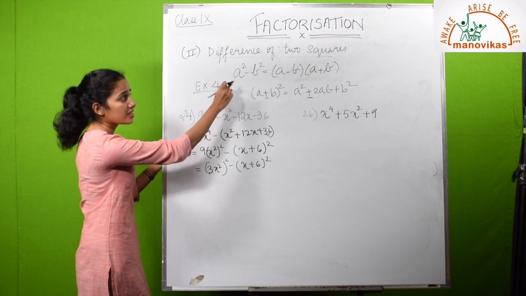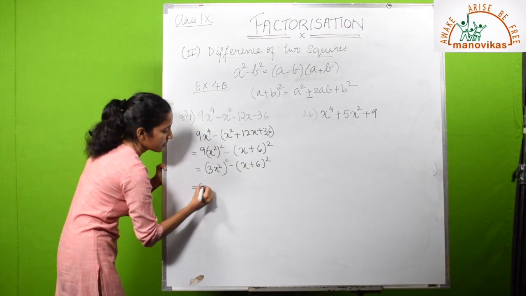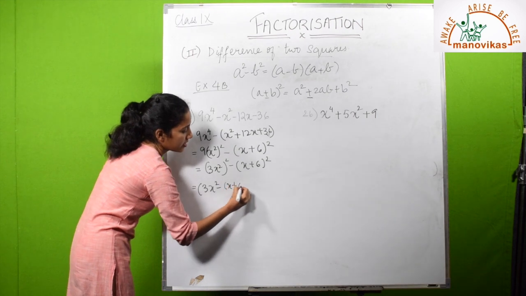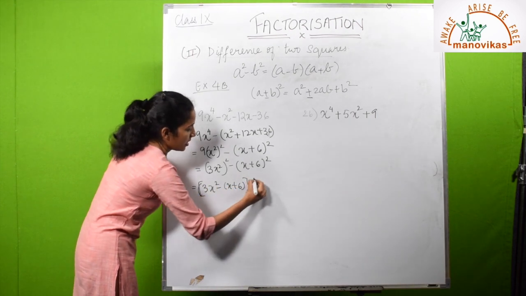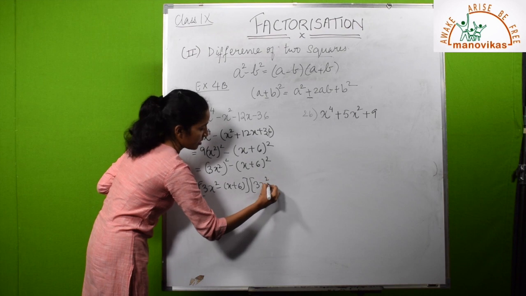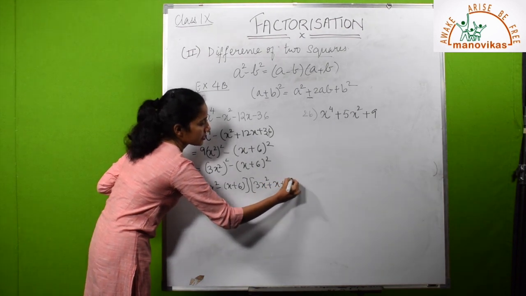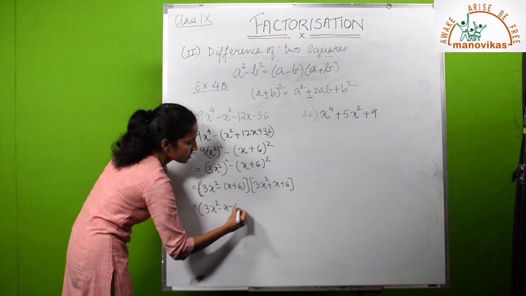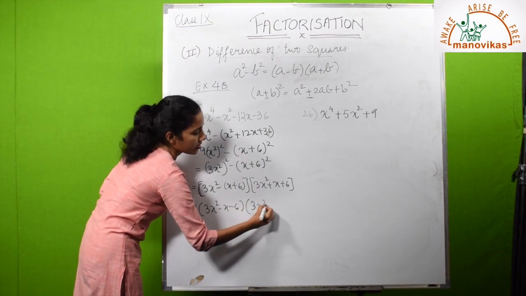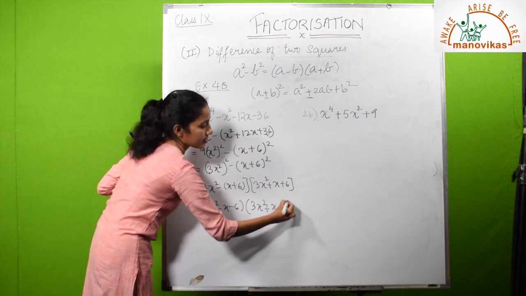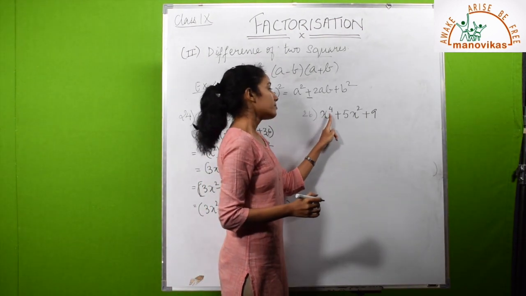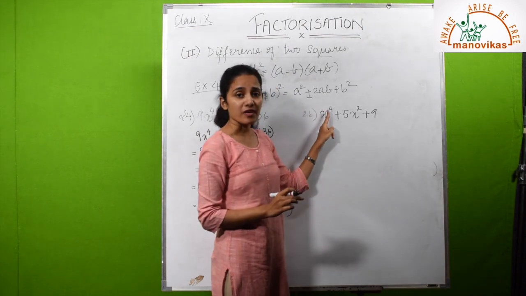Now when you use the identity, I get (3x square minus x plus 6) and (3x square plus x plus 6), which will be 3x square minus x minus 6 and 3x square plus x plus 6.